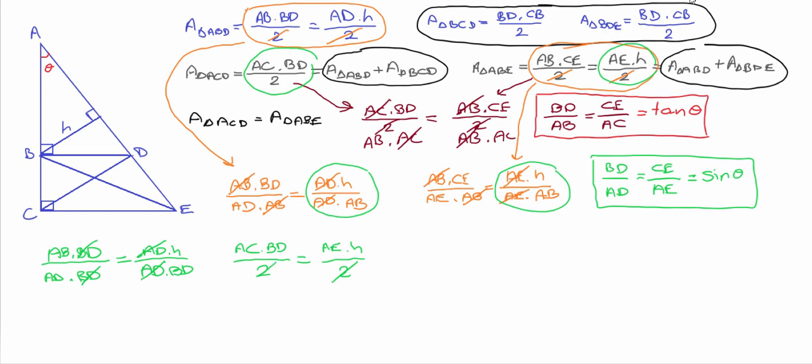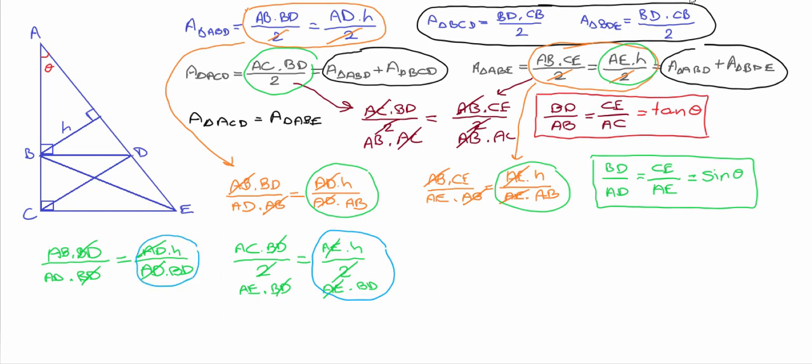Twos cancel. Now I will divide both sides by AE. These cancel, and I will also divide both sides by BD. These two cancel. Now this term is equal to this term.